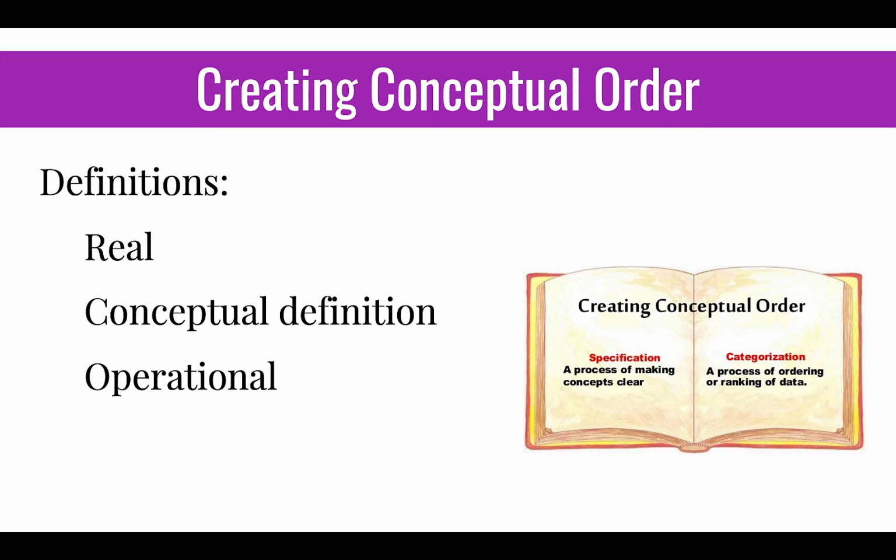So specification of conceptual definitions does 2 different important things. First, it serves as a specific working definition, like I said, that presents itself to readers so that when readers read the research manuscript, they can understand what it is you're trying to study, what your concept is actually trying to measure.